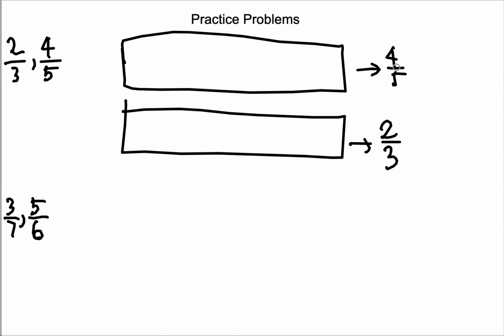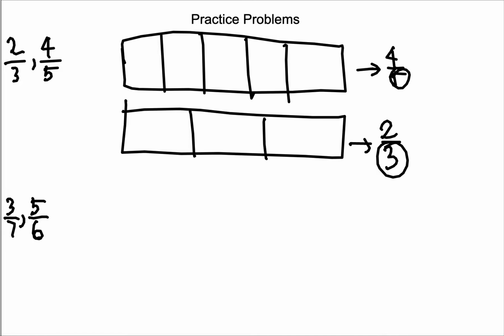Now, since the denominator is 5, we have to divide this bar into 5 equal parts. There we go. We divided this bar into 5 equal parts: 1, 2, 3, 4, 5. And for this one, since the denominator is 3, we divide the bar into 3 equal parts.